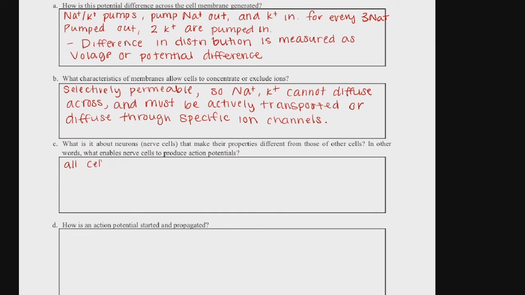So all cells, but only nerve cells have voltage-gated ion channels that open and close in response to changes in the potential difference in the membrane.